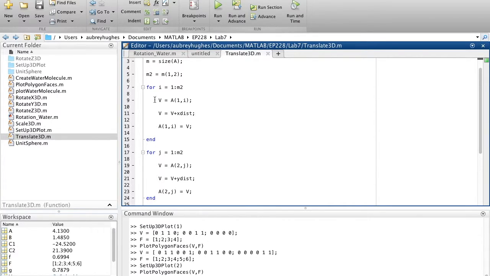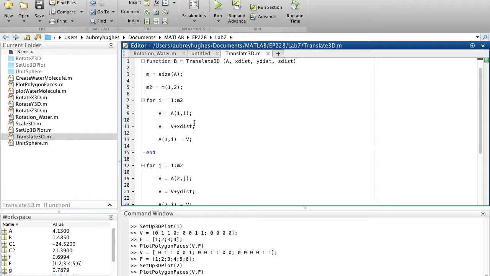This for loop goes through every column and changes the first row element of each column by adding the X distance, because that's your X component of the vertice, right? So if we want to move it by 1 and we put X distance of 1, then it's going to take each X component, so the top component of each column, and add that X distance. And then you can declare your old matrix to be V.